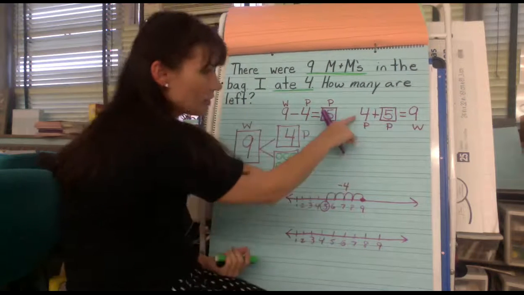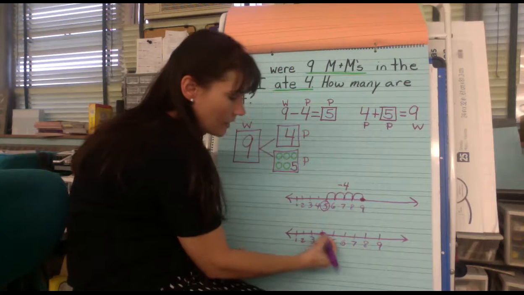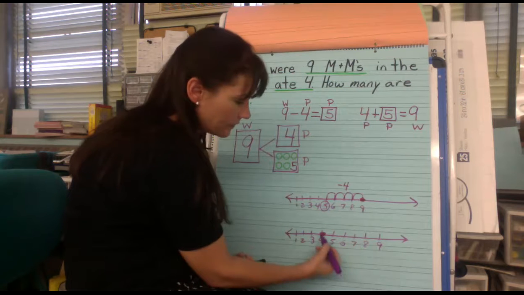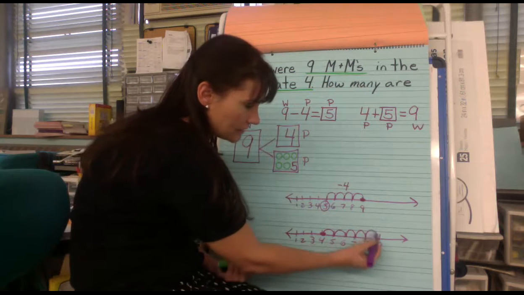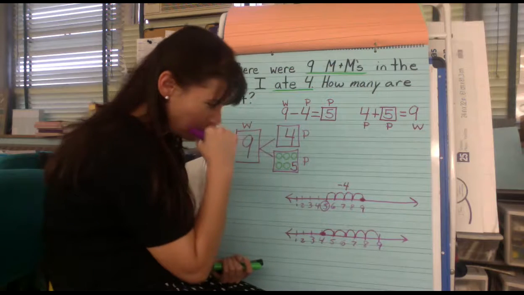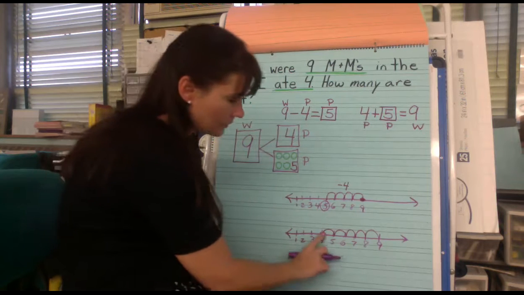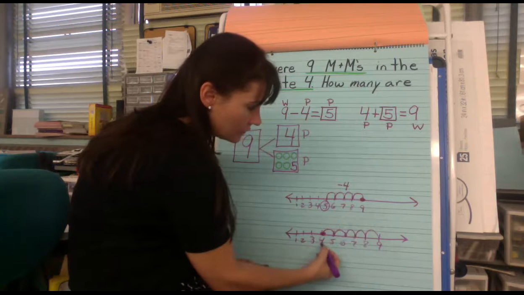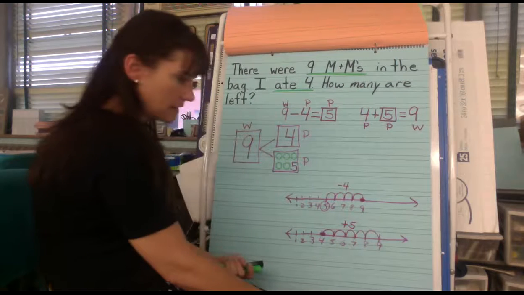So I'm going to start at my 4, which is the part I know, and I'm going to hop until I get to that 9. 4, and I'm going to just keep on hopping until I get to 9. Now, I'm going to look and see how many I hopped. 1, 2, 3, 4, 5. So 4 plus 5 equals 9.